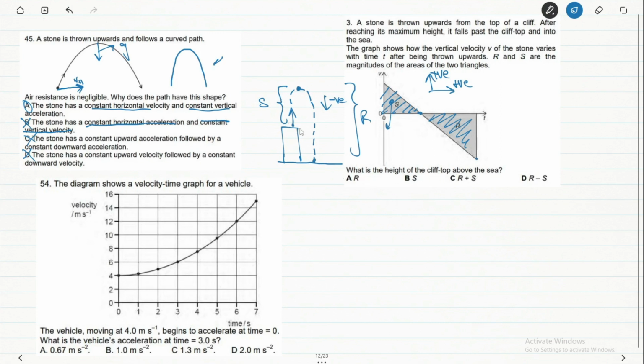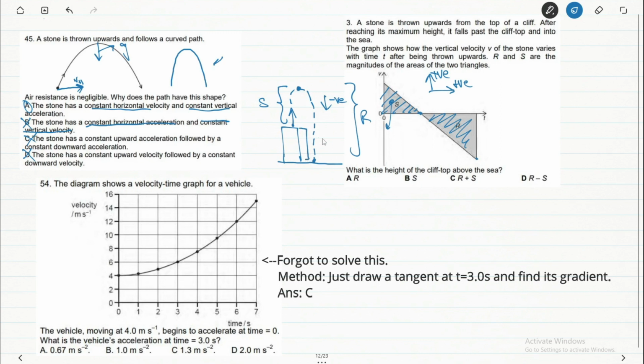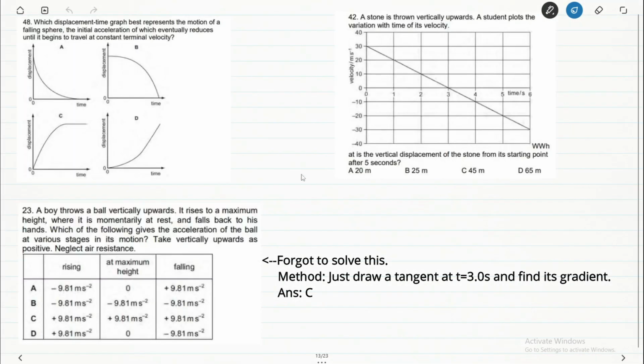We need to find this height. This height is R minus S, because R is here to here, and this is S. So R minus S would be this height. Sorry for the messy diagram, but you get the idea.